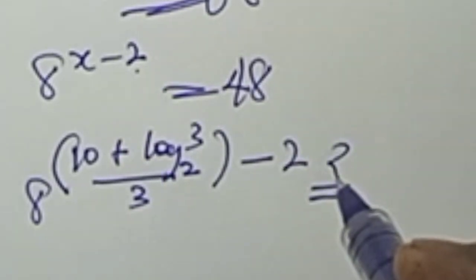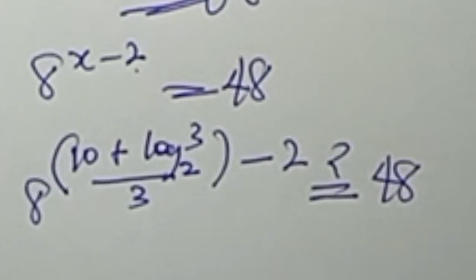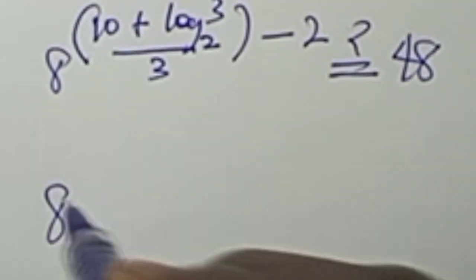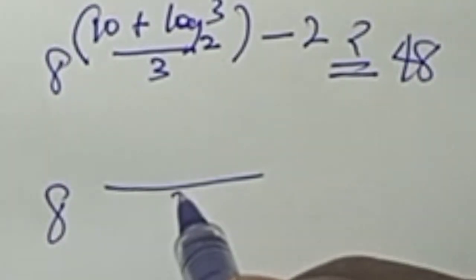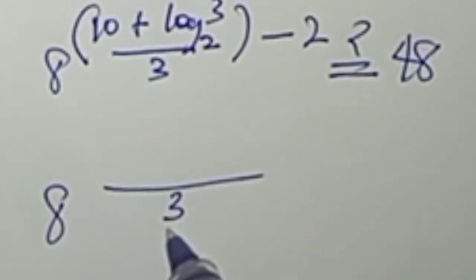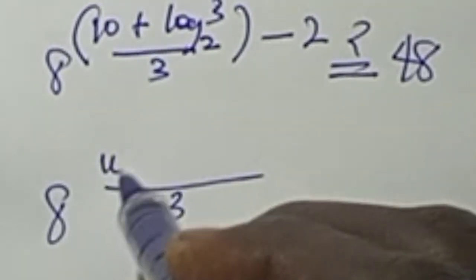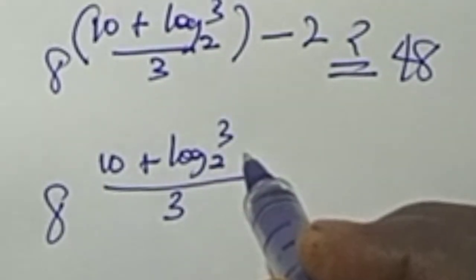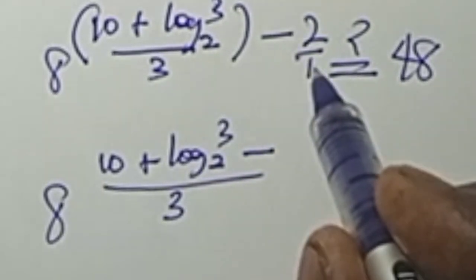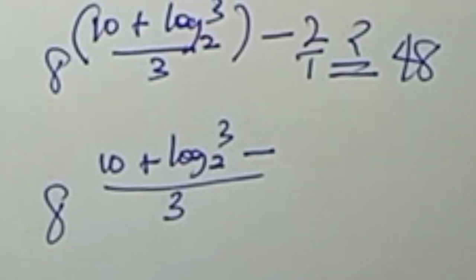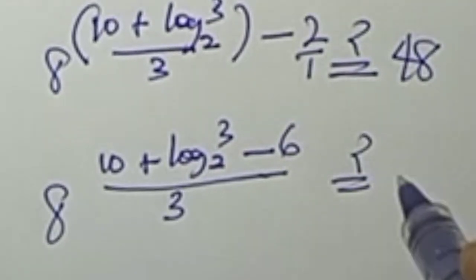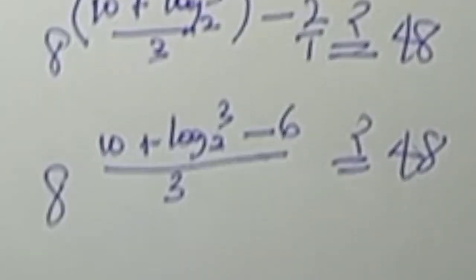Could it be equal to 48? First, we take the LCM, which is 3. 3 times the whole of this becomes 10 plus log 3 base 2, minus 3 times 2, that is 6.